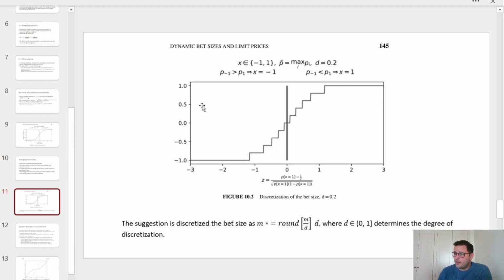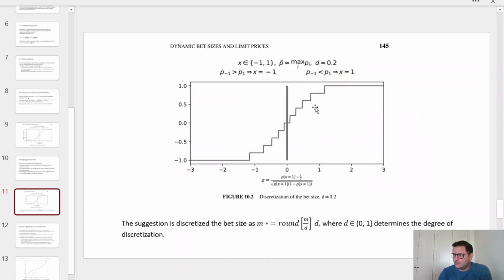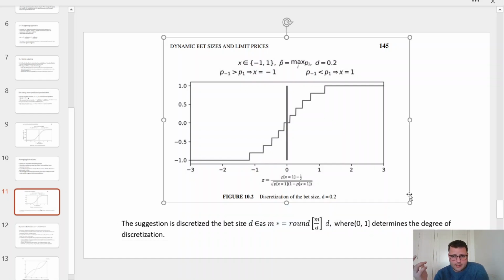So here we have a model that becomes more like this. If you compare to this other graph here, it's a little bit different because the suggestion here is to discretize the bet with this formula here, and then determine the degree of the discretization.